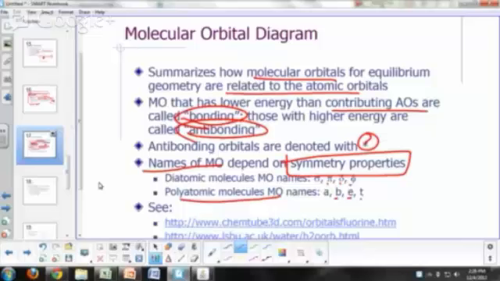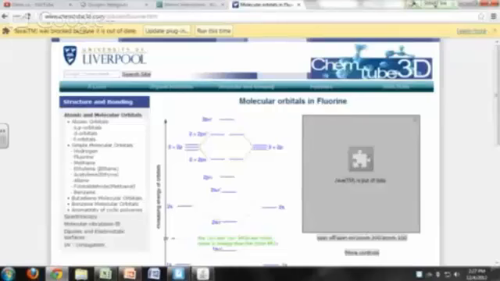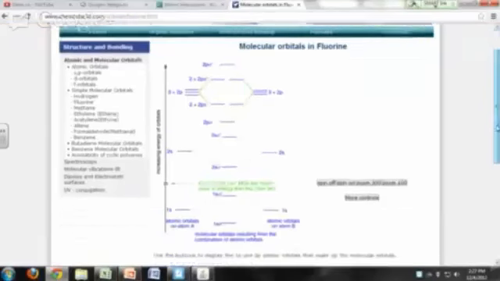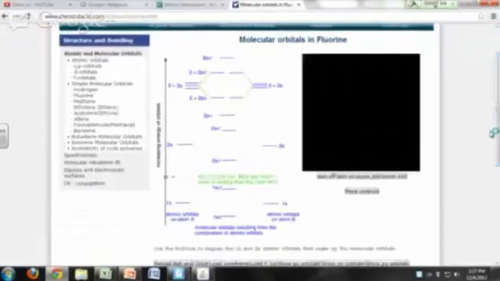Let me see. Molecular orbital. Fluorine, for example. There it is. My Java is out of date. Run this time. Okay, here's an example of a molecular orbital diagram.